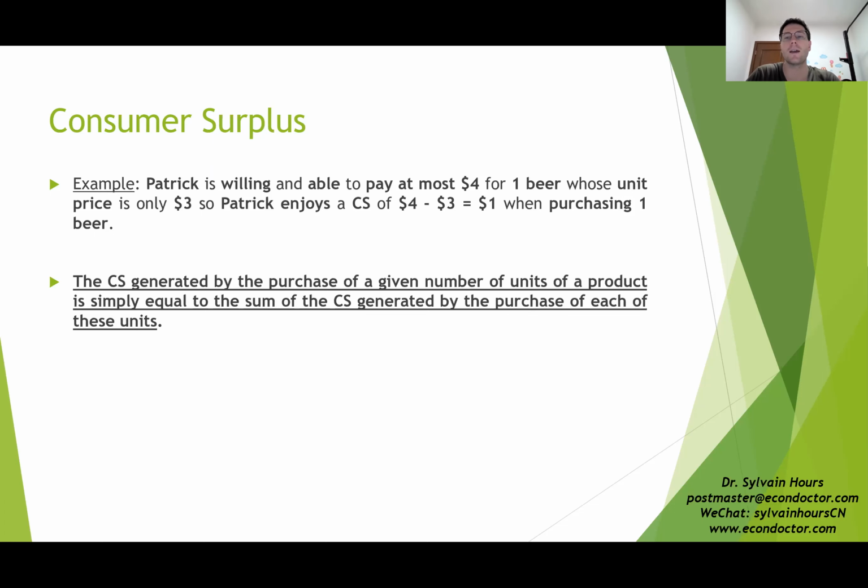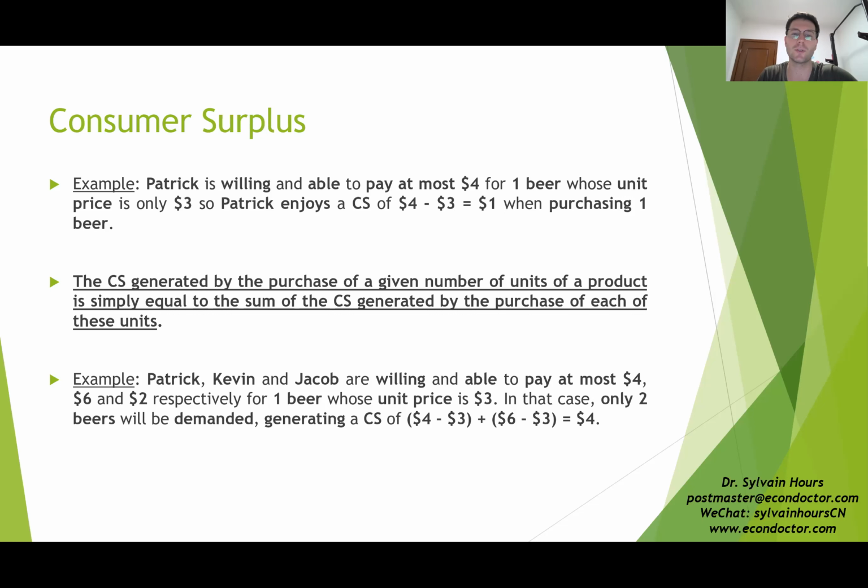Of course, you can calculate the consumer surplus generated by the consumption of a number of units, not only one. You just have to add the consumer surplus generated by each unit. And you get the total consumer surplus generated by the consumption of 10, 20, 50, 60 units of a product. So that's just the sum of all the unit consumer surplus.